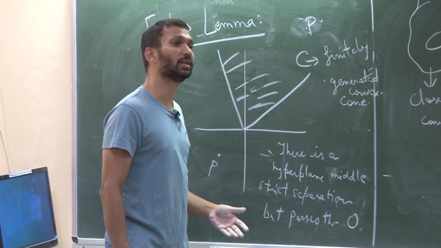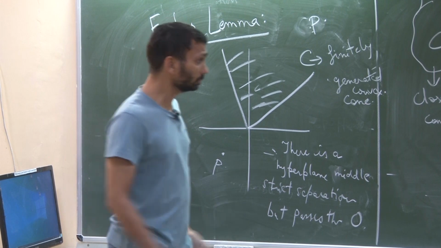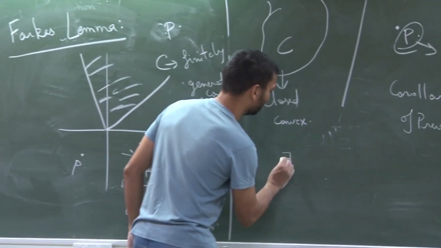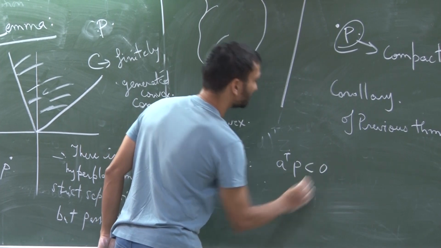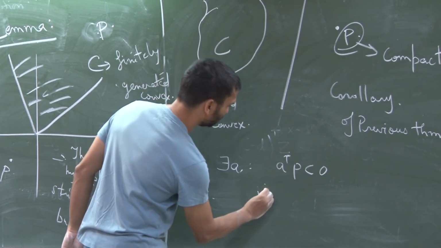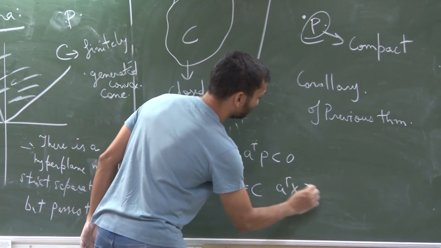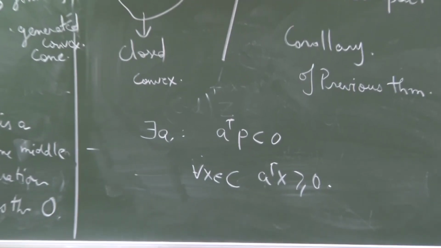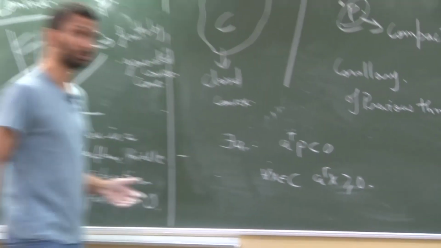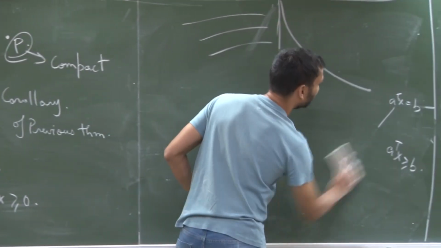It is of the form A transpose X less than or equal to 0. Okay, so there exists A, now I don't need B, such that A transpose P is less than 0, and for all X element of C, A transpose X is at least 0.